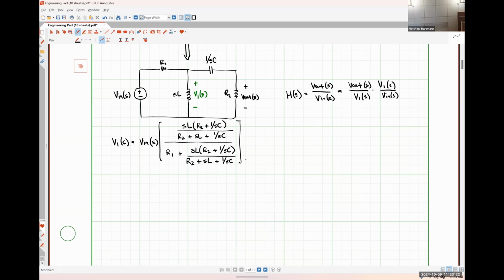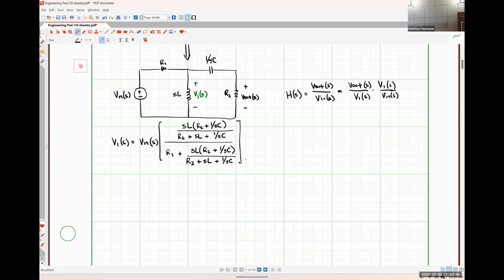So while there's technically nothing wrong with this, I personally don't like the fact that I have fractions inside of fractions inside of fractions. It's gross, and in this particular form, it is very difficult for me to tell what's going on in this system, okay?